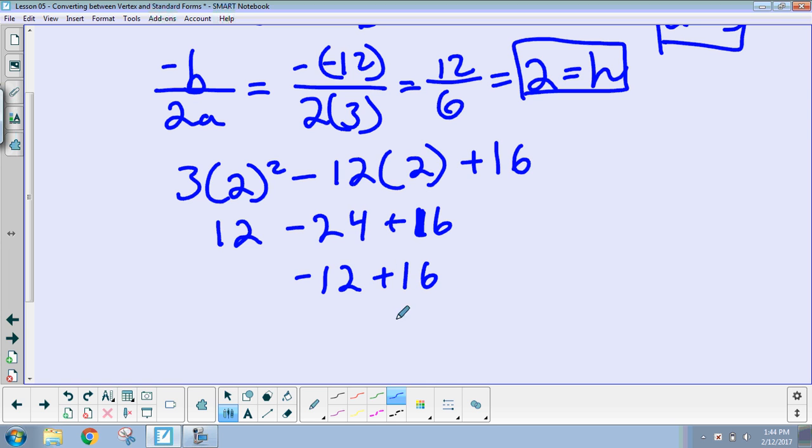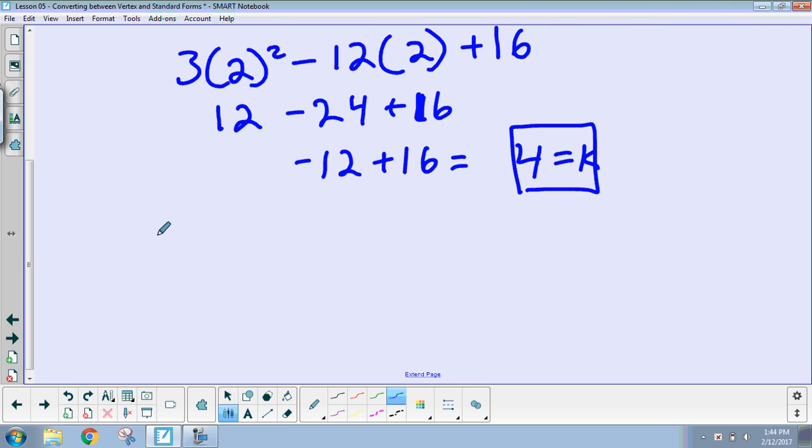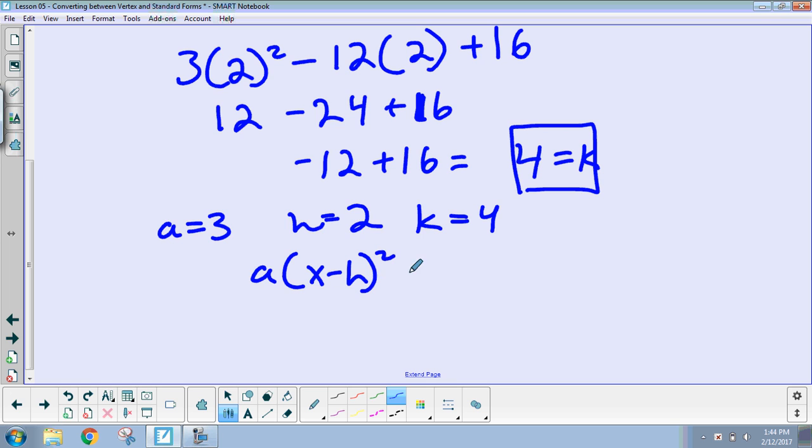4 is K. Now, plug those values back in. So A was 3, H was 2, and K is now 4. We're plugging it into this vertex formula here. So 3 parentheses x minus 2 squared plus 4.